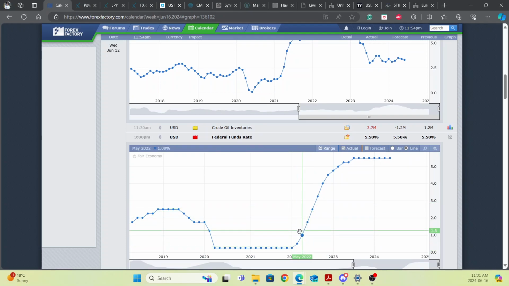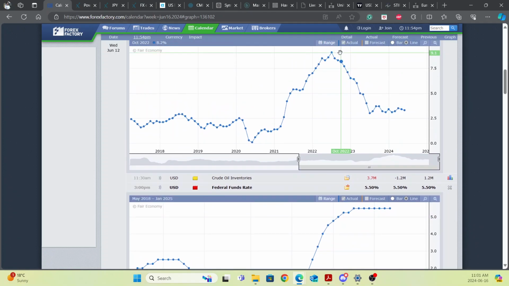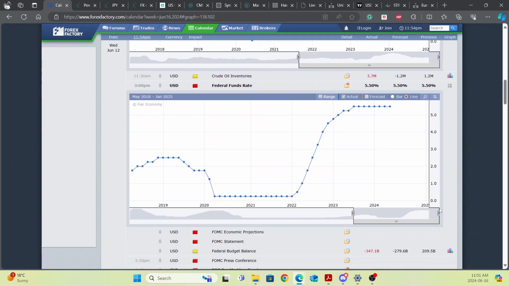Within a year, from January 2022 to February 2023, we were at a 4.6% Fed funds rate, and when inflation was at its peak of 9.3% in July 2022, we were sitting at the top at 5.5%. Or my bad, a 5.5% federal funds rate.